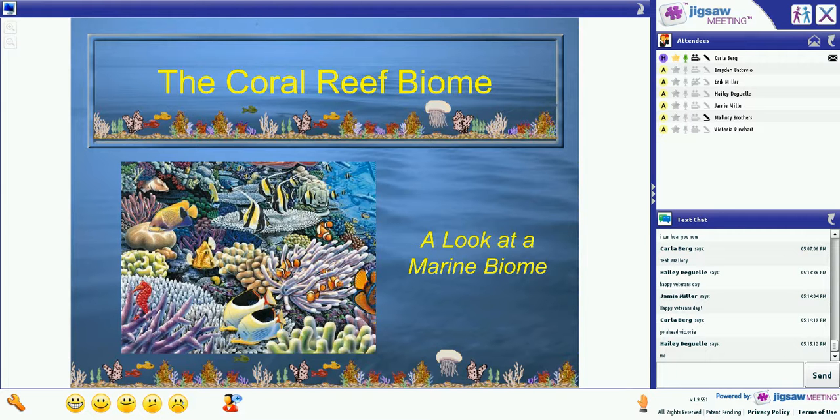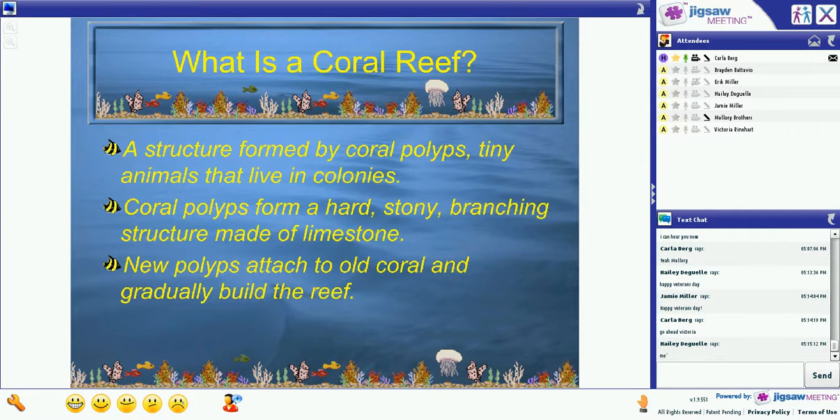There's fish, there's anemones, there are corals. All of these are located in a coral reef. It's a group of animals, plants, organisms living together. Sort of like your family at your house. You all interact with each other. If you have pets, they're part of your family. They're part of how your house operates. That's a different way to look at an ecosystem, an area and how it operates.